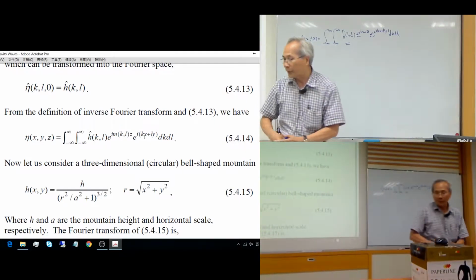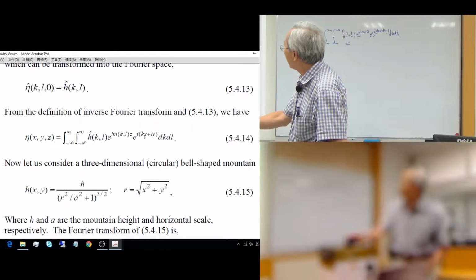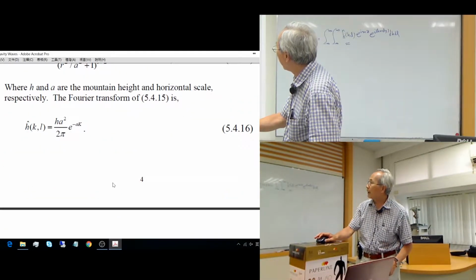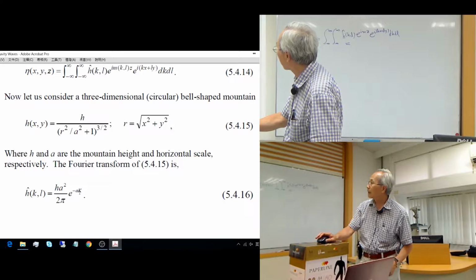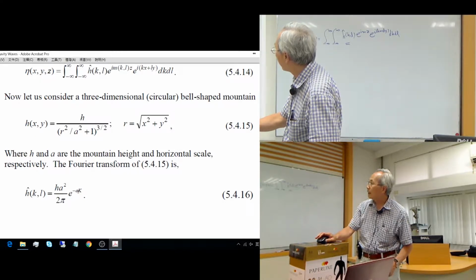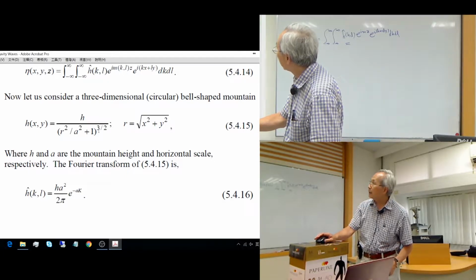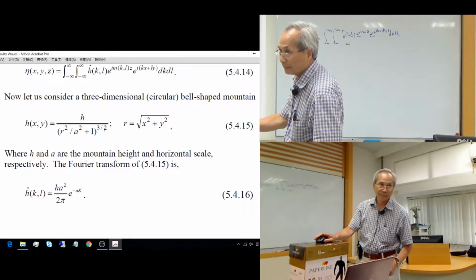The Fourier transform is proportional to e to the minus k a, see here, minus ak, and then h times a squared divided by 2 pi. And you have to be careful. A lot of people don't realize here we have 3 halves.